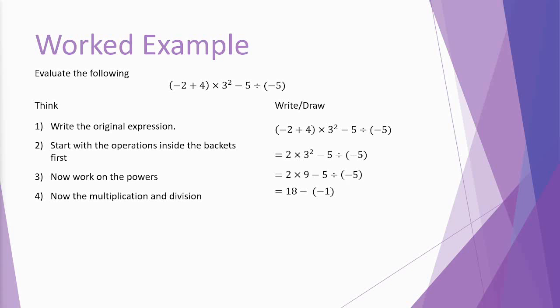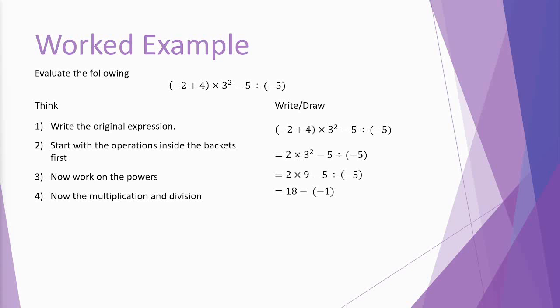Because multiplication and division are separate, we can do them at the same time. So I've done 2 times 9, which is 18, and I've done 5 divided by -5, and that ends up to be -1. I'm not going to look at that sign in front of that first 5. I am just using that 5 as a +5.